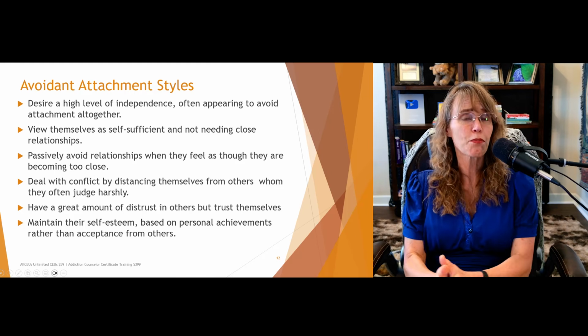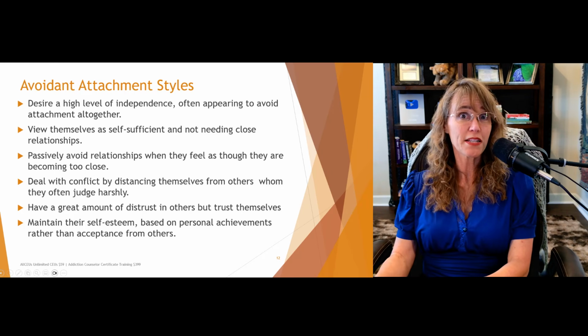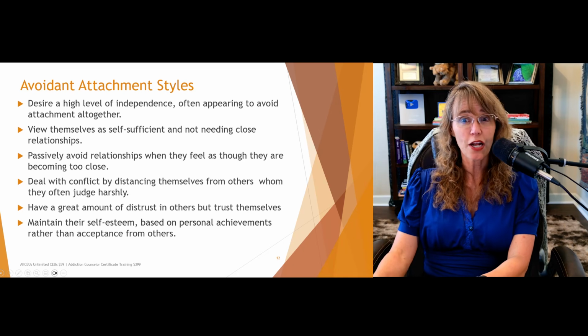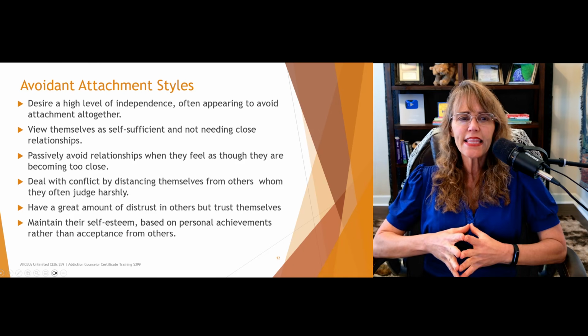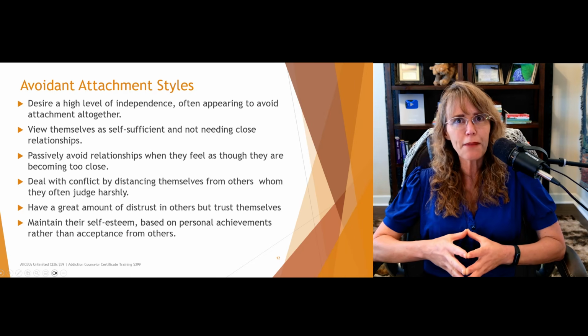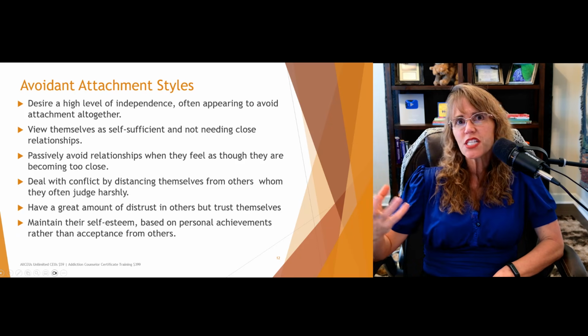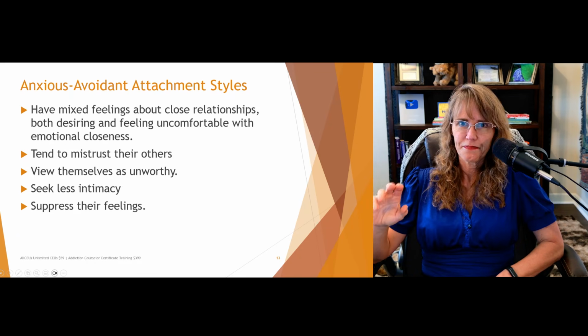Remember, they had to solve their problems by themselves because their caregiver wasn't going to be responsive to weakness or inadequacy. And they maintain their self-esteem based on personal achievements rather than acceptance from others. Sounds very narcissistic-esque.